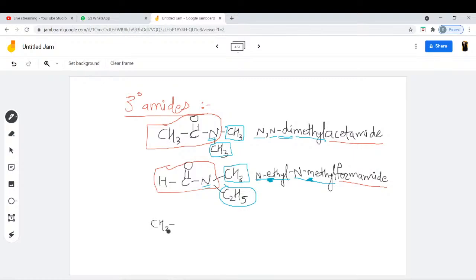CH3, then C double bond O, then N, then here methyl, and here ethyl, C2H5. Try this by yourself.